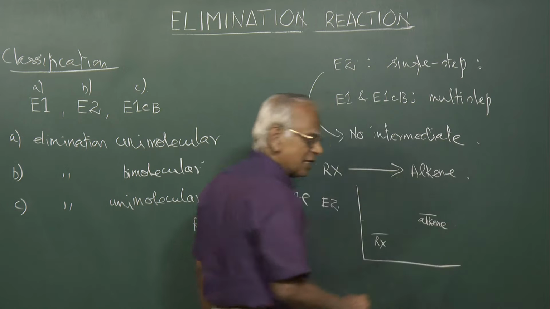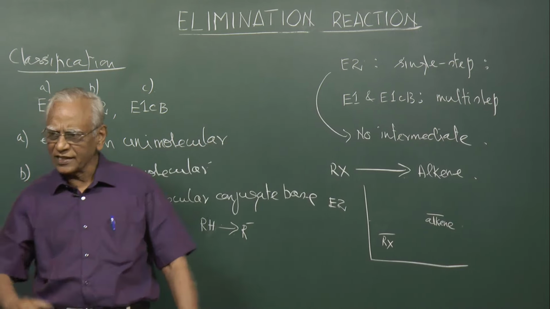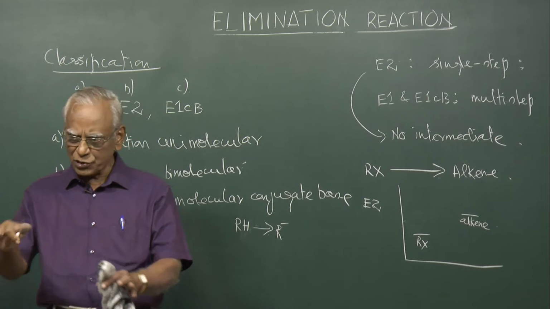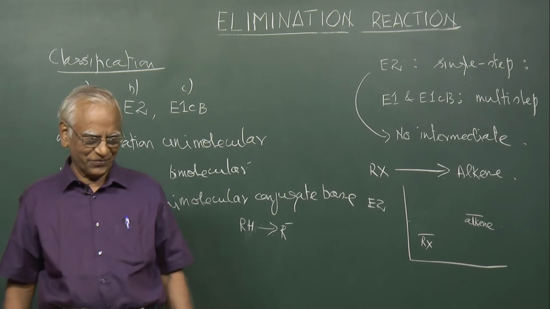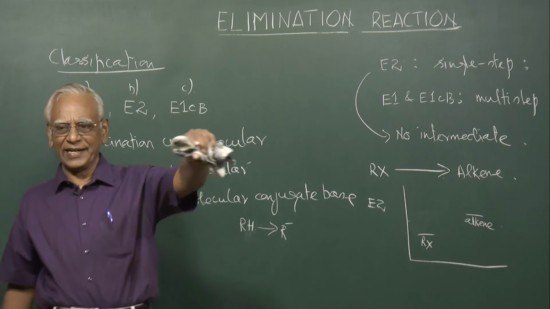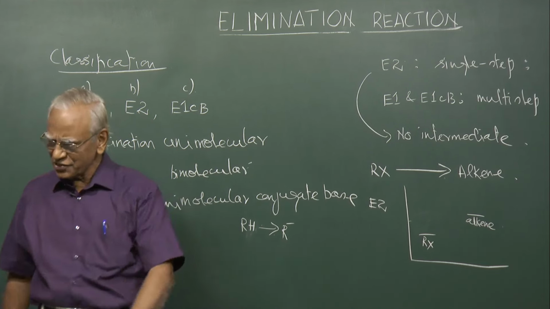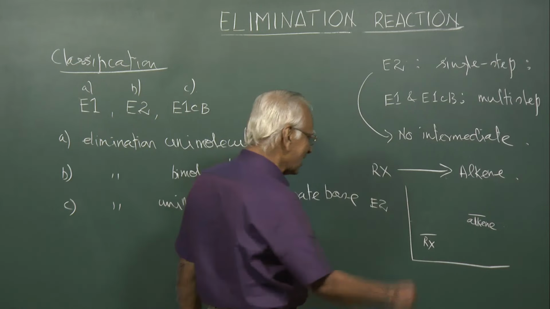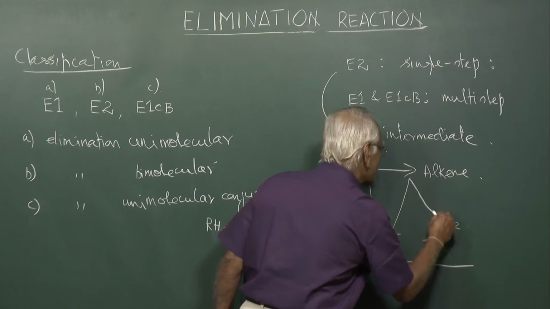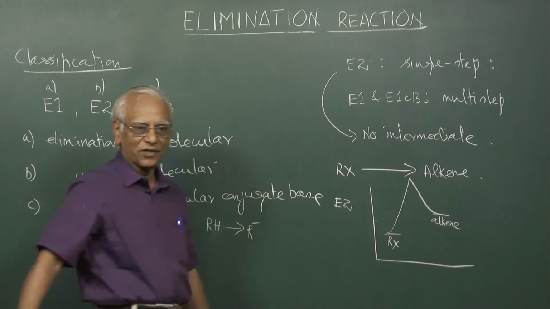My dear students, please note, most of the elimination reactions are done at higher temperature, on heating only. That's the major difference between a substitution reaction and elimination reaction. We have an explanation also for that. Therefore, this is an endothermic process, it goes over there, and this is your transition state, alkene here.